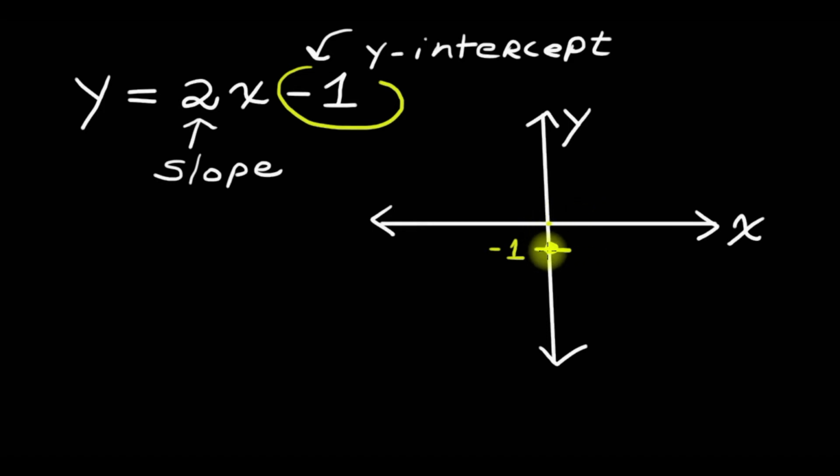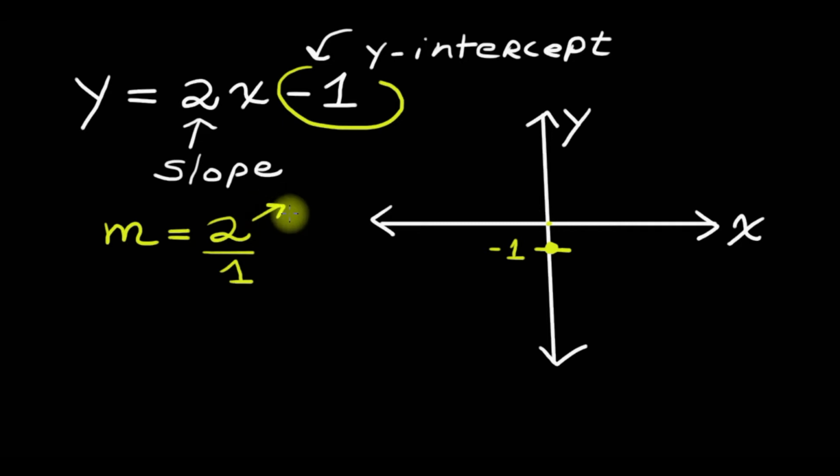Okay, to get the other point, because you need 2 points to make a line, right? You're going to use the slope. So your slope is 2. Now think of 2 as 2 over 1, because 2 over 1 is just 2. Think of slope as rise over run.